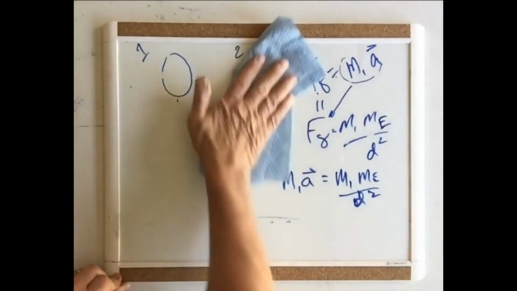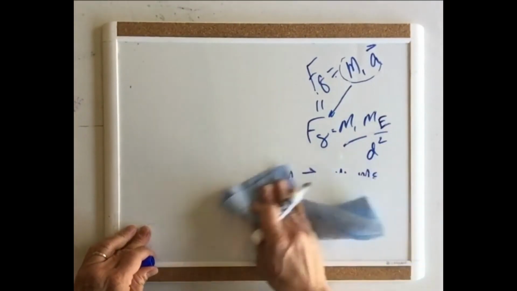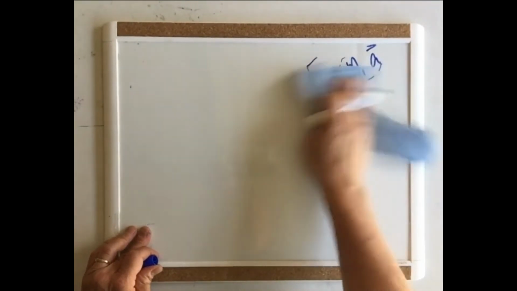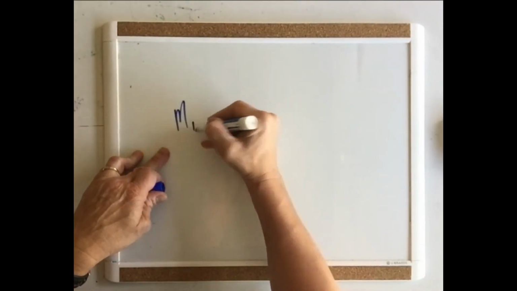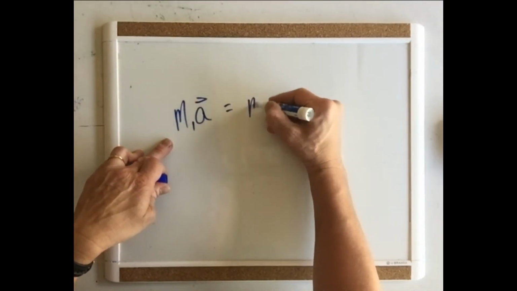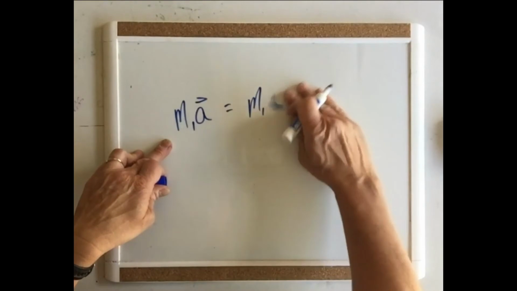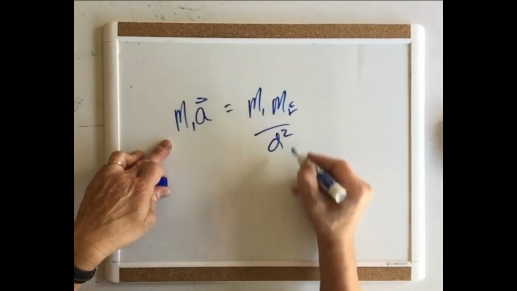I'm going to get rid of some of the clutter here. Let me rewrite this. So what we had was M1A equals M1 ME divided by D squared.